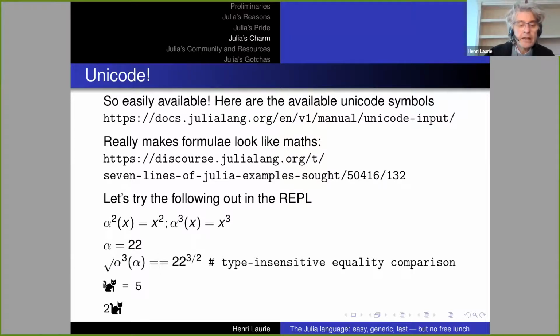Here I create the cat icon, and I set it equal to 5, and then I take 2 times it. I want to just treat this as the name of a variable, and I hope that works. Okay, so let me go back to the REPL.